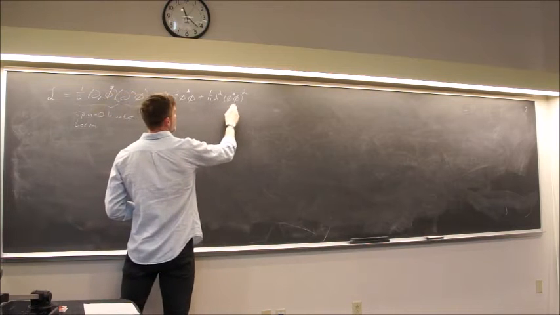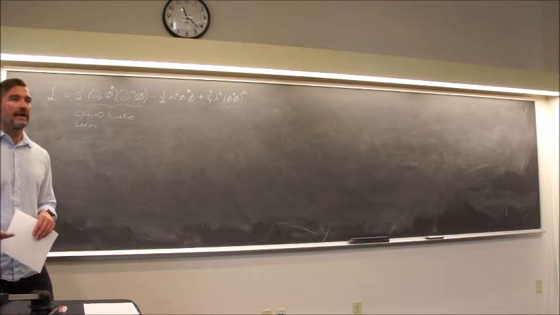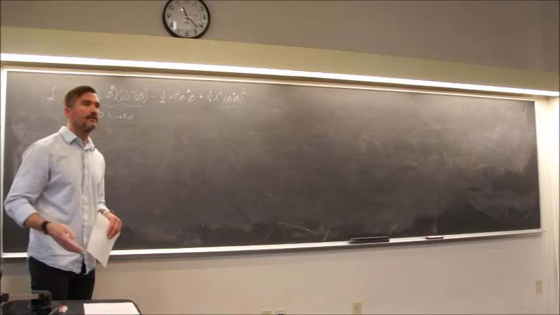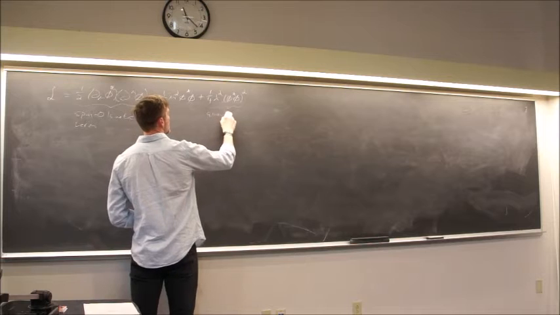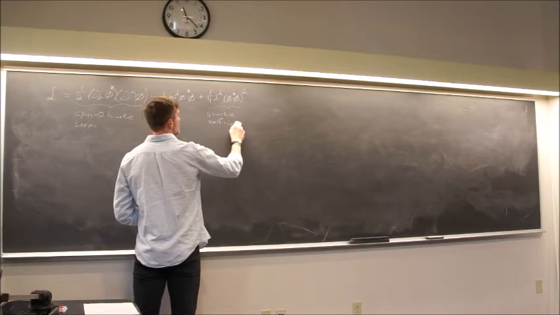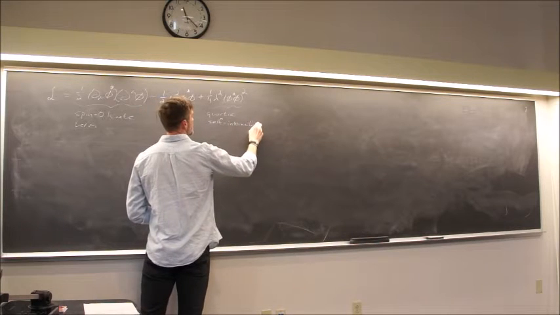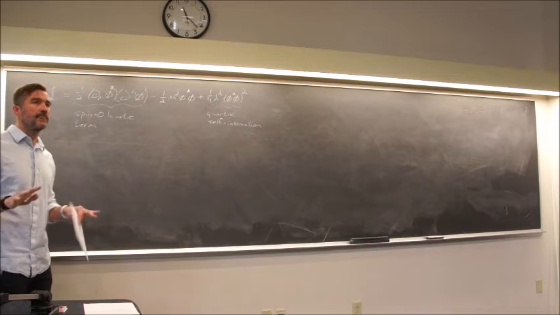Here, this is actually 4 factors of phi multiplied together: phi star phi, phi star phi. So that's a quartic self-interaction. Again, right now this is totally unmotivated.